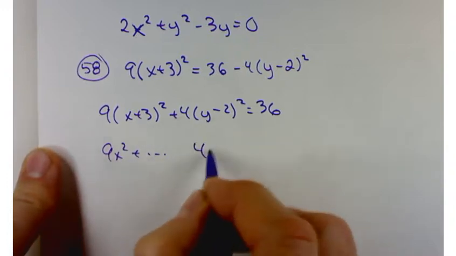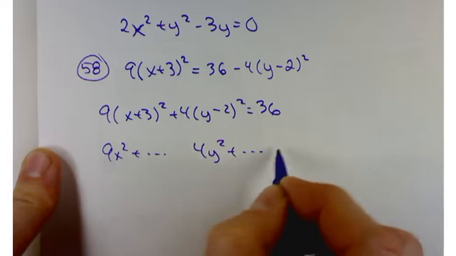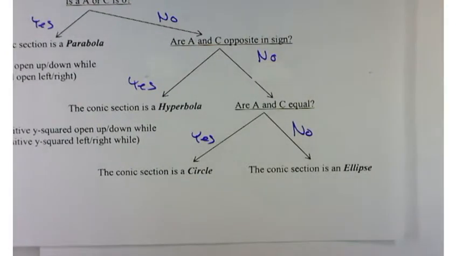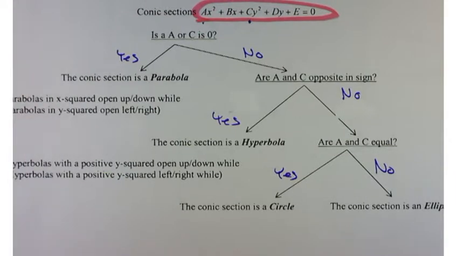And then over here I'll have a 4y squared plus something. Doesn't matter exactly what that stuff is, right? We can still determine what shape this is. So, give that a shot. Take a look through here and try and decide, well, what conic section are you dealing with?